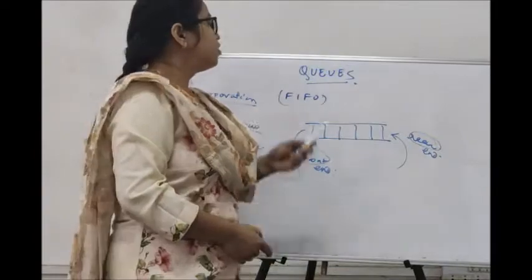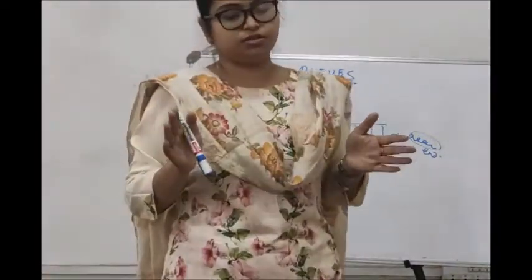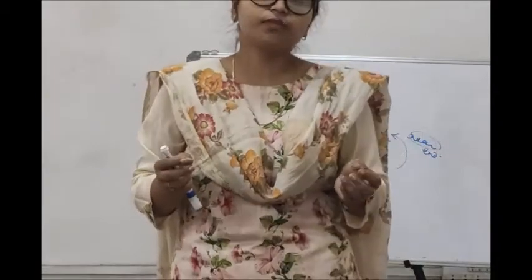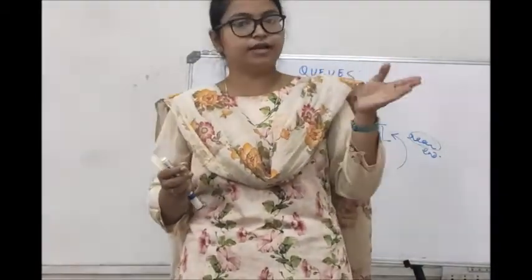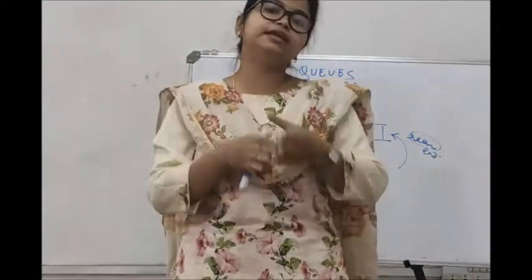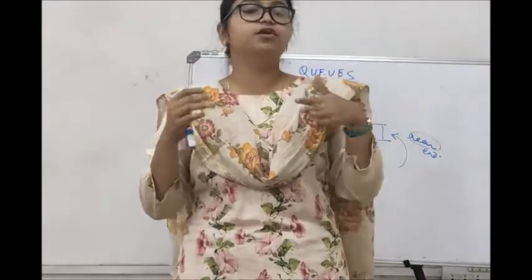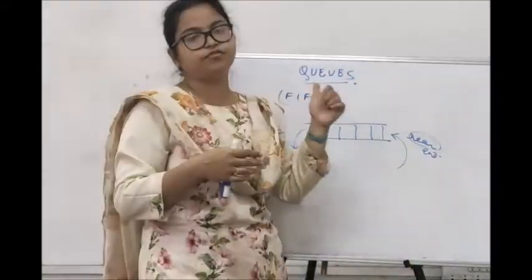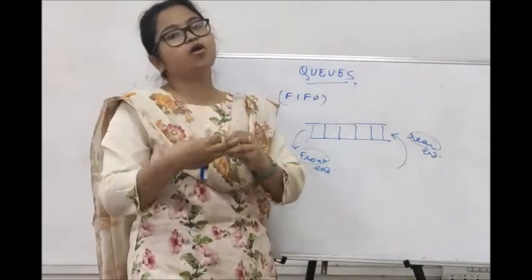So queue is a linear data structure in which we can insert element from the rear end, that is from the back end, and we can delete elements from the front end. This is the property of queue. That's why it is said to be working in FIFO order. FIFO order means whichever is in first will be out first.